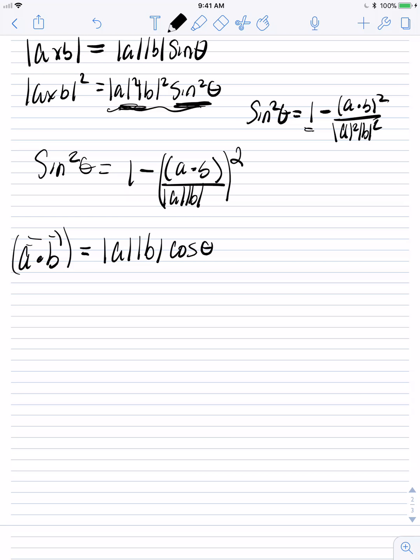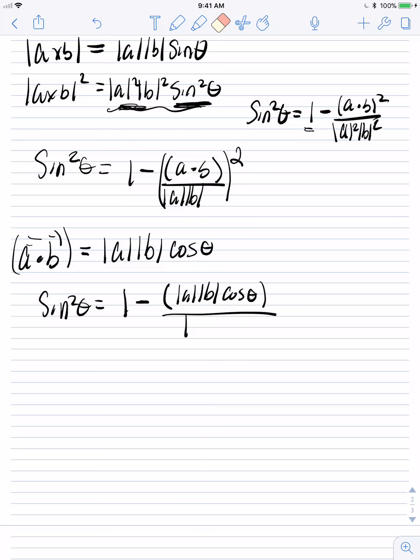So if we replace that, we get sine squared theta equals 1 minus a b cosine theta, that's all squared. Then we can actually bring this square out, and we get a b, and all this is squared.